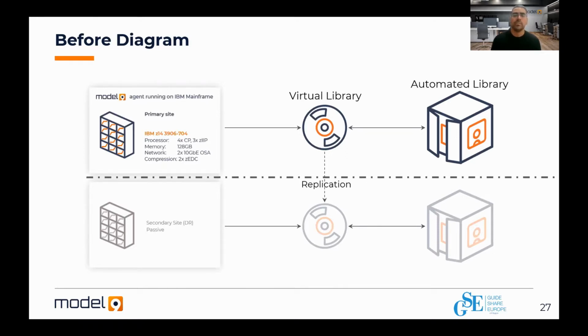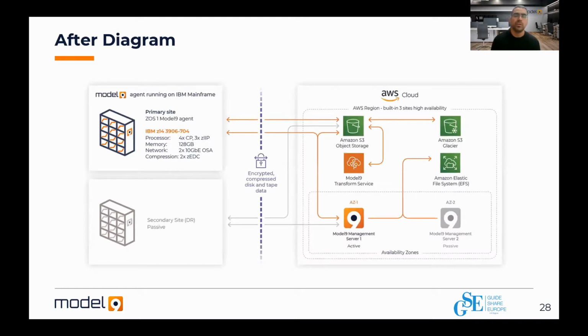The new diagram, when working with modern data management software: the left side of the mainframes is basically the same, working with AWS Cloud. While you can replicate the data in AWS itself to multiple regions, AWS by default, as a secondary target, replicates the data over at least 3 different sites, giving you high availability.